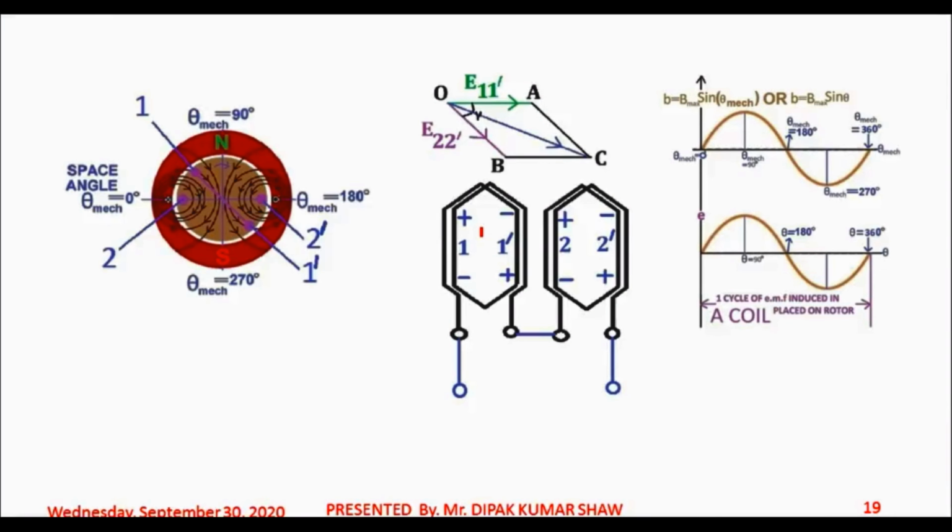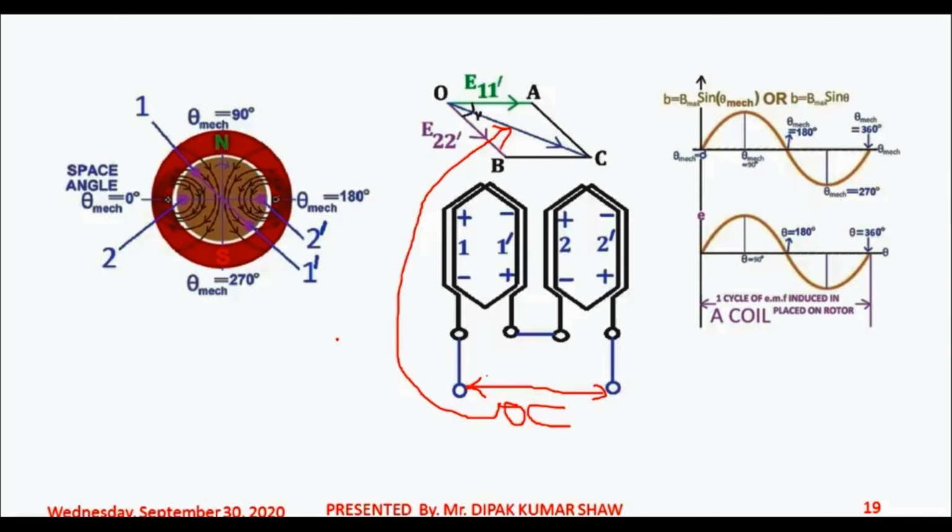Phasor OB represents the EMF induced in coil 2 dash. And the phasor sum of that is OC. So the voltage between these two terminals would be given by OC, the phasor shown here.